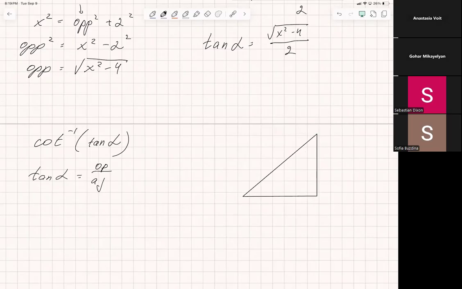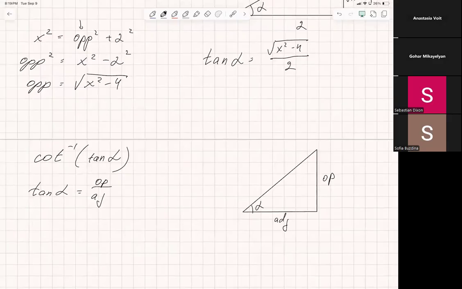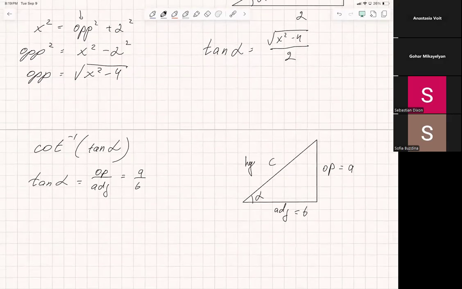If this is my alpha, the opposite side would be here and the adjacent side would be here. So tangent would be that. We're not given any values for the adjacent and opposite sides, so you can technically write it as A over B and treat it as that, and that would be your C, the hypotenuse. Okay, you can do that.